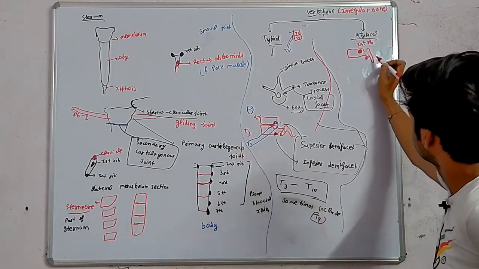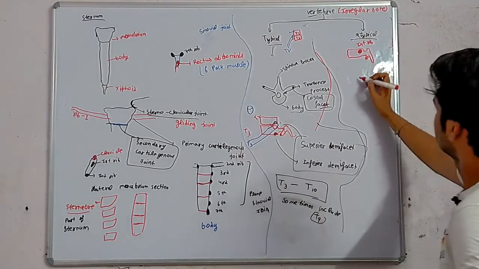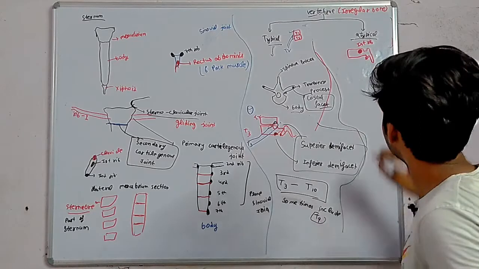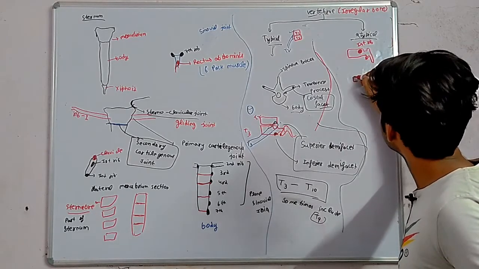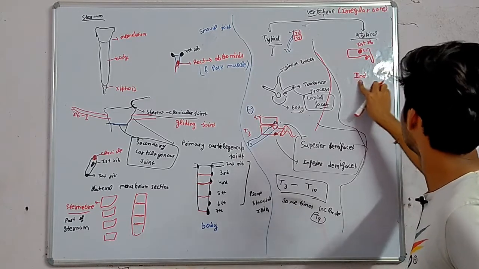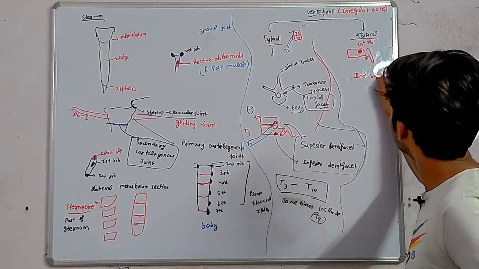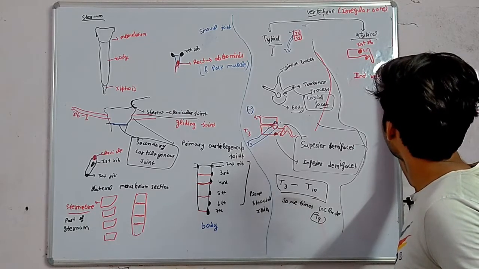Done. Now talk about the second rib, second vertebra. This is the first vertebra, and the second vertebra is also atypical.